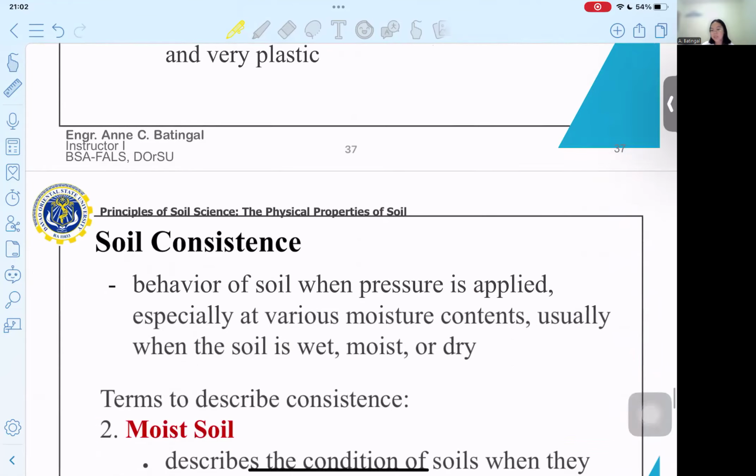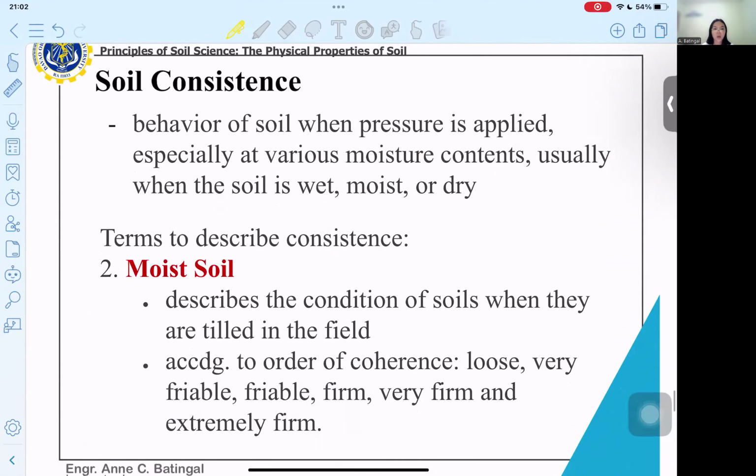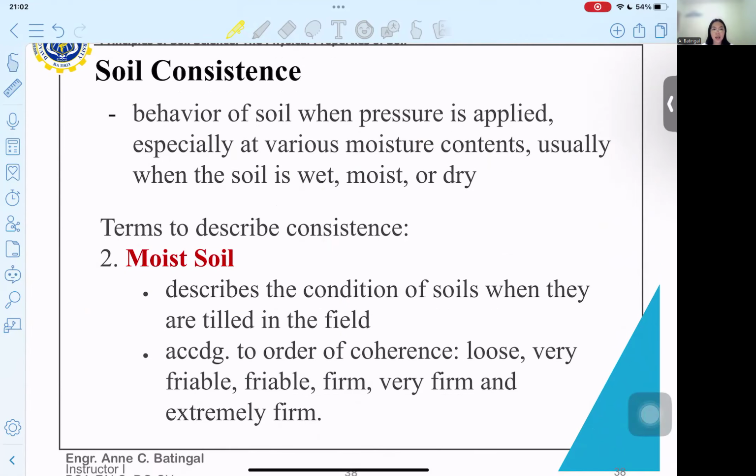Now, moist soil happens when there is enough water, a right balance of water and air in your soil. Moist soil is an important state for farmers because it describes the conditions of soils when they are tilled in the field.